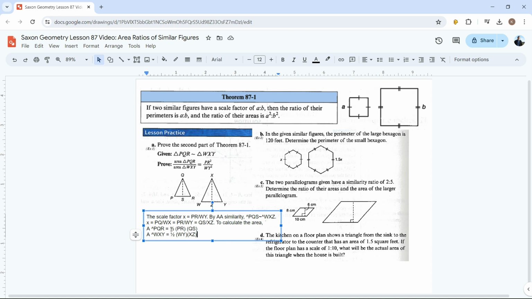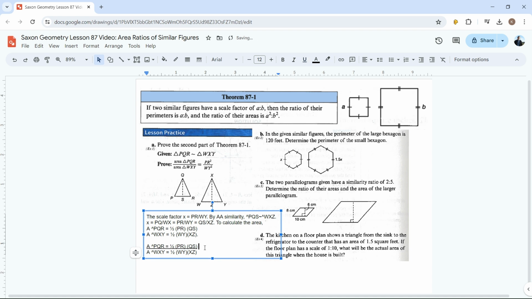If I were to go ahead and divide the area of PQR by the area of WXY. Okay, so I calculated the area of one, I calculated the area of the other. What would happen if I divided them? So I'm going to do the same thing. I'm just going to copy this down here. This divided by this.